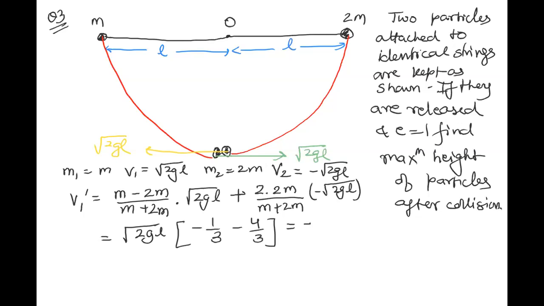This will be equal to -5/3. V2 prime will be equal to 2M1 by M1 plus M2 V1. नहीं अनीश, दोनों आंसर गलत है.